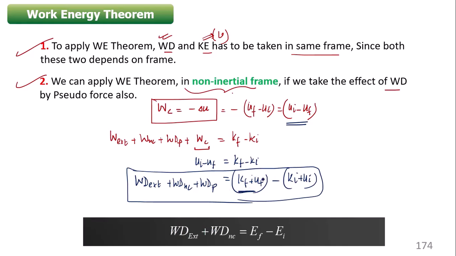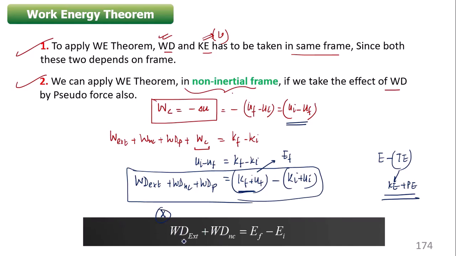Kinetic energy plus potential energy is known as the total mechanical energy. This is written as E final, where E is the total energy, the sum of kinetic energy plus potential energy. So finally this is the final equation.